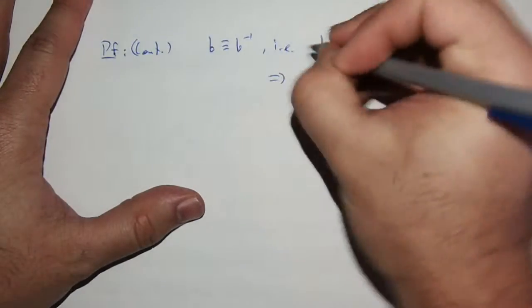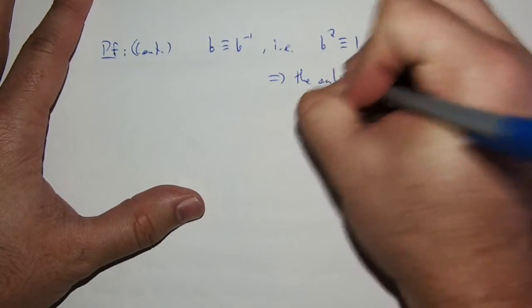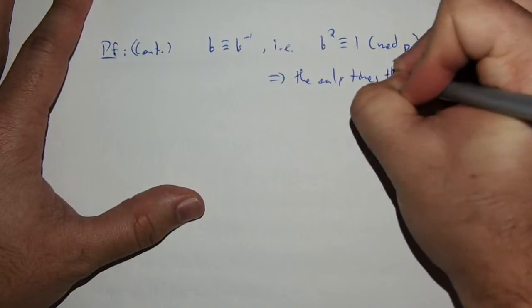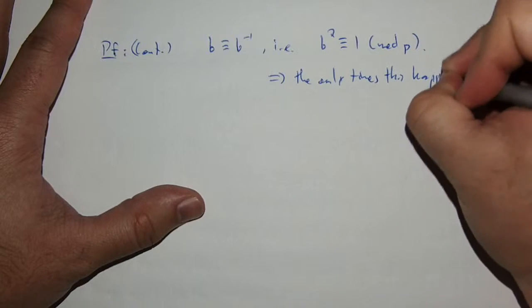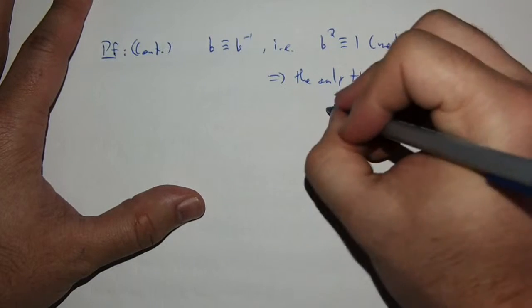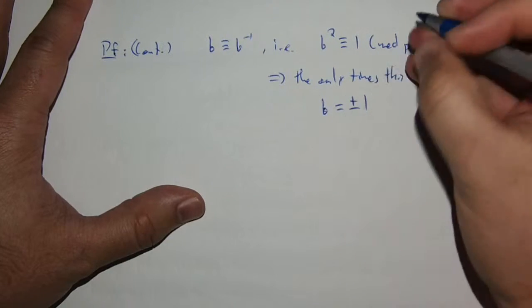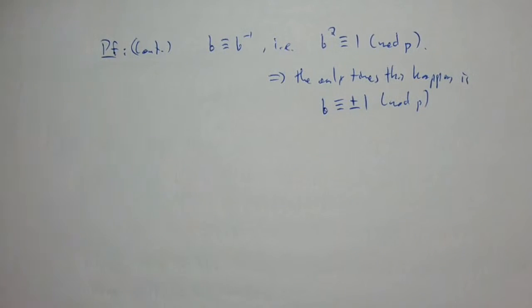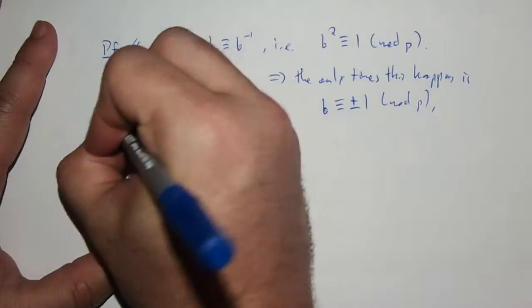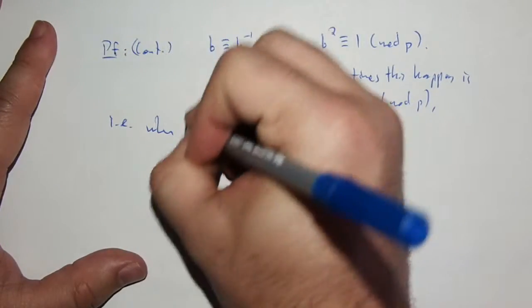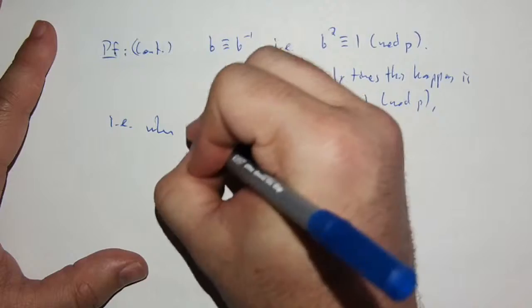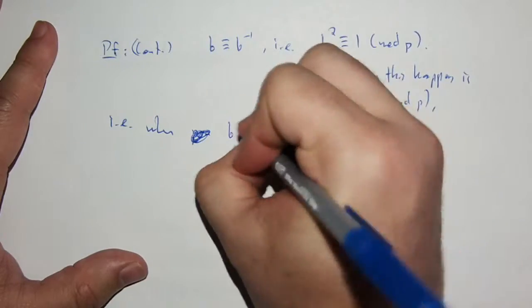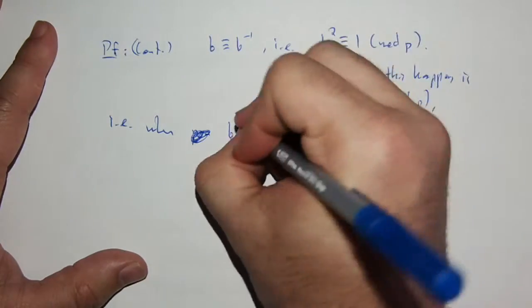So, the only times this happens is when b is plus or minus 1 mod p, i.e., when b is equal to 1 or p minus 1.